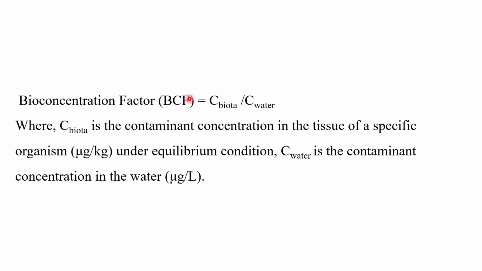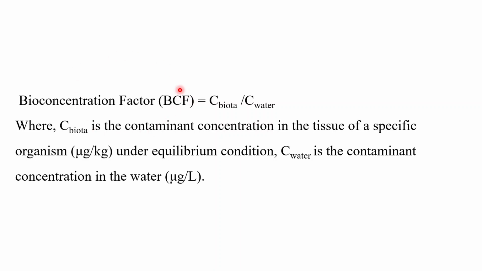So, let's say some compound is released in the environment, and since we are also present in the environment, that compound we are also inhaling. So, that compound is getting accumulated in our tissues. So, how fast our tissues are accumulating this compound with respect to the concentration of this compound in water.